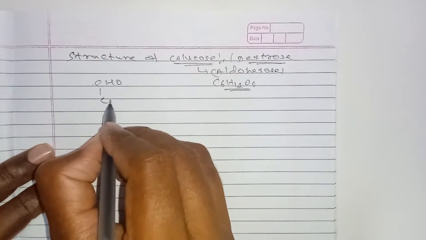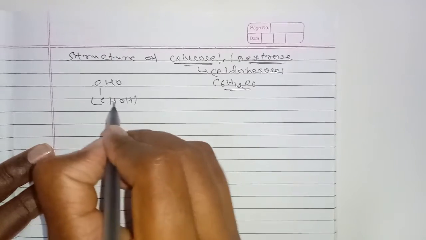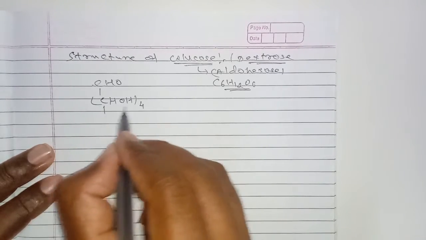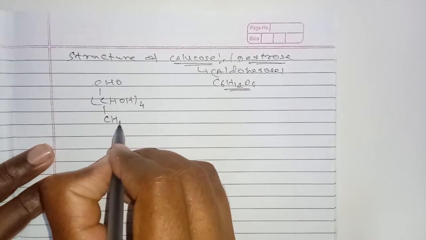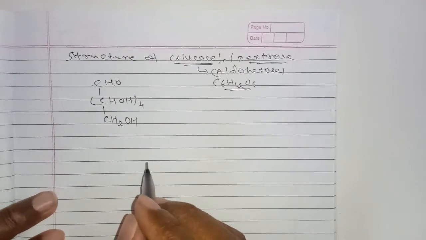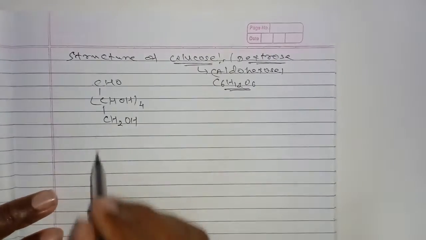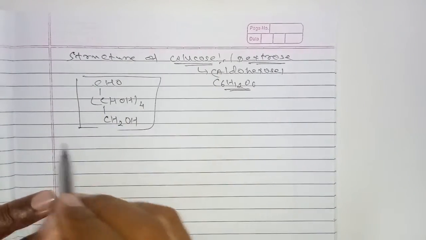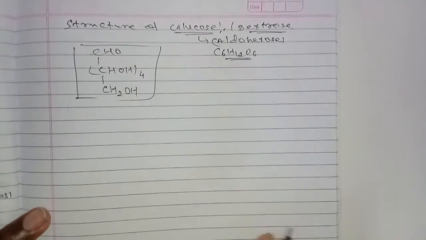Its general structure is CHO, CHOH four times, CH2OH. This structure is discussed under the following heads.